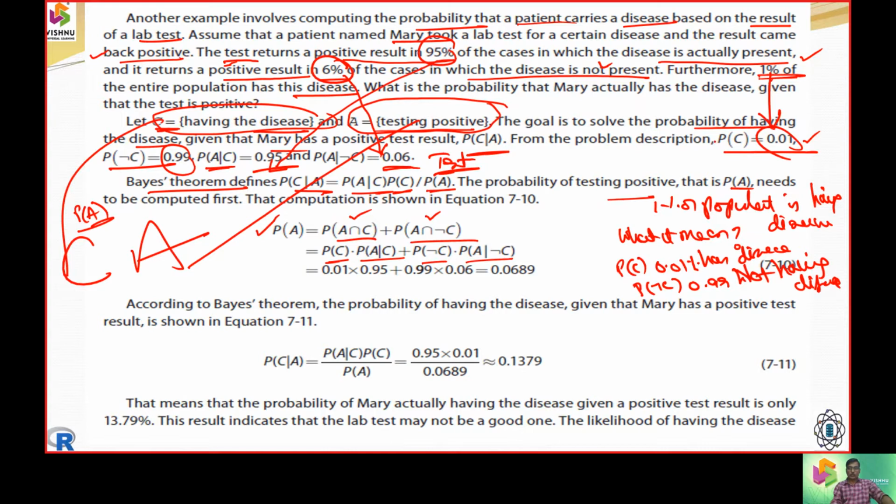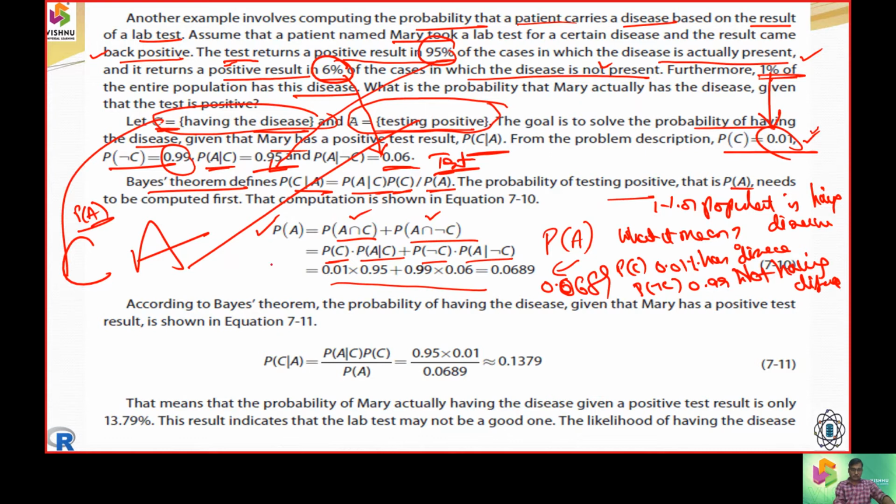Now we know the values: 0.1, 0.95, 0.99 and 0.06. So we get the value of P of A, that is 0.0689.